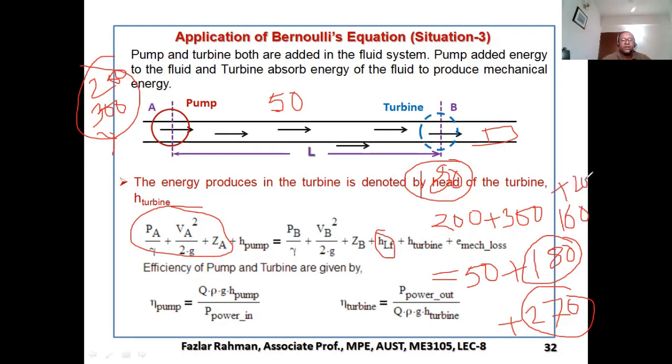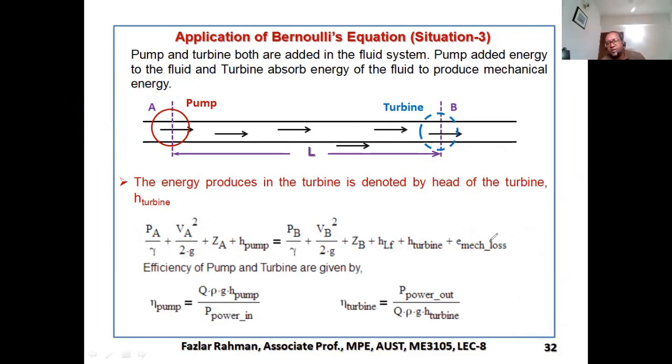Okay. Now, how will you figure out the efficiency of the turbine and the efficiency of the pump? We will not derive it because you learn it in the fluid machinery class. But we just give you an equation for the efficiency of the pump. The pump adds energy to the fluid, right? P out, he's giving energy to the fluid, and how much energy is he taking?